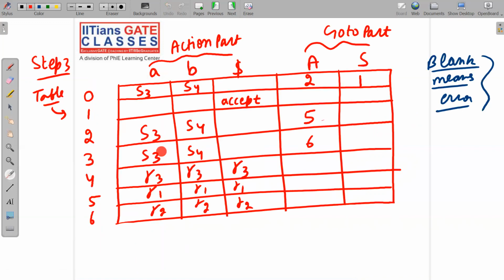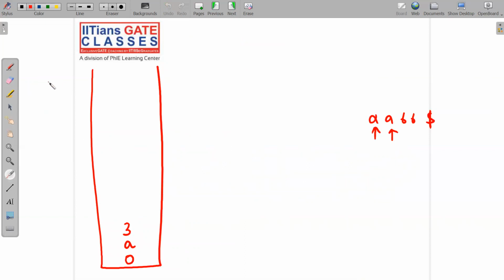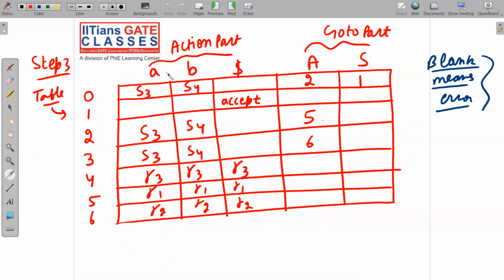3 on small a, that means S3. S3 means again the same thing. A will be pushed onto the stack, 3 will be pushed onto the stack, and the look ahead pointer will move one position to the right. Now I will say 3 on small b. So what will we do? 3 on small b, that is S4.